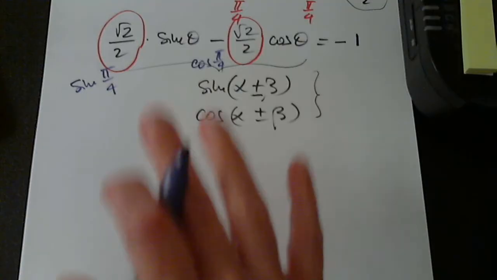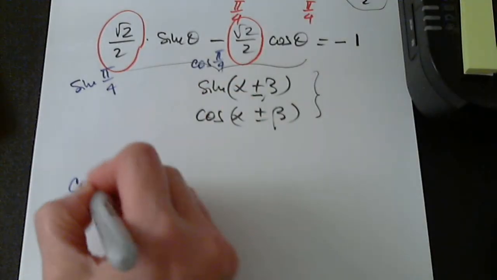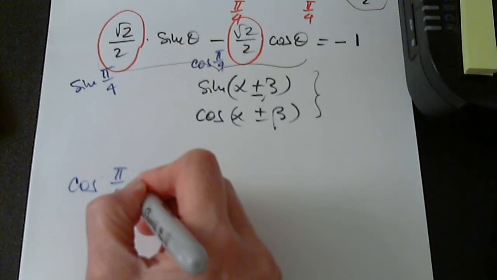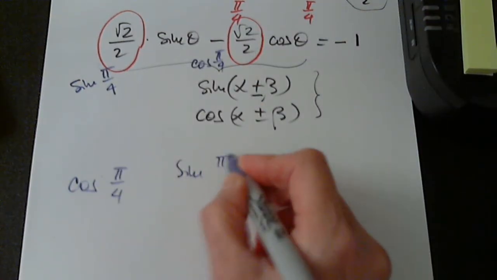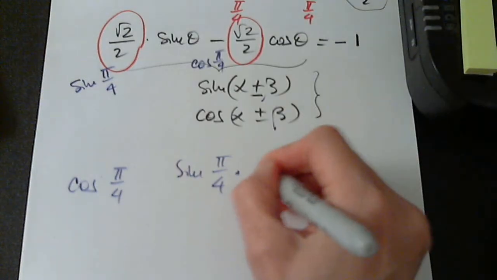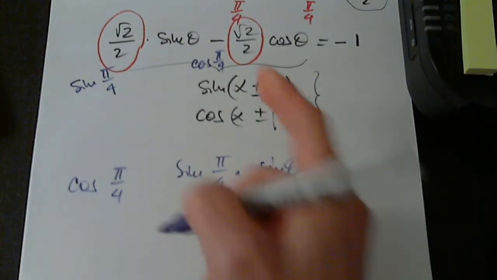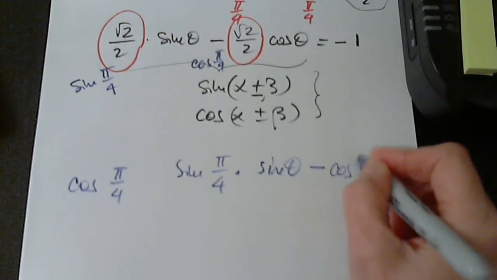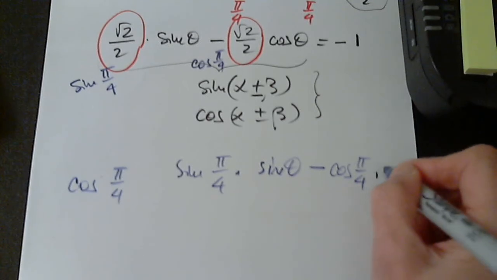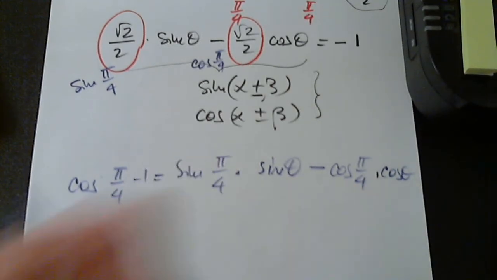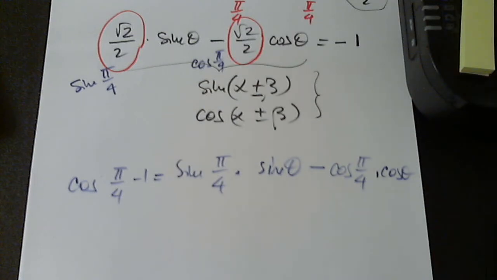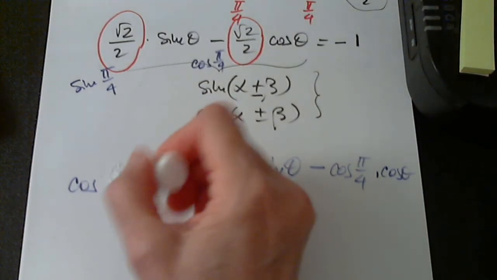Good. So we rewrite the equation. Sine pi over 4 times sine theta minus cosine pi over 4 times cosine theta. Since I ran out of room, I'm going to write here -1. Good. So now let's take a look at the right-hand side and replace it.